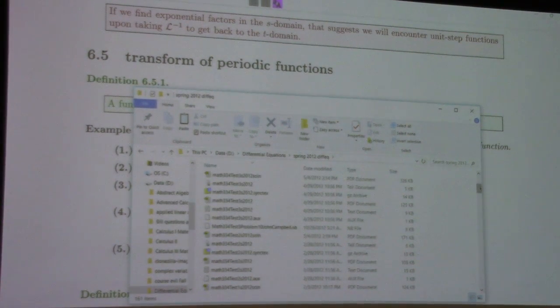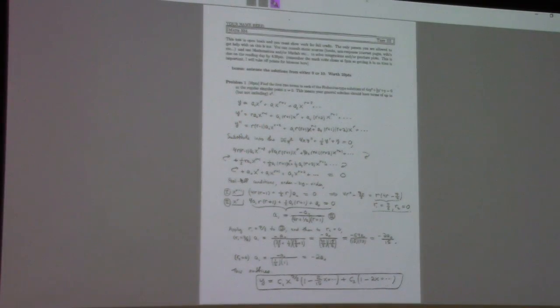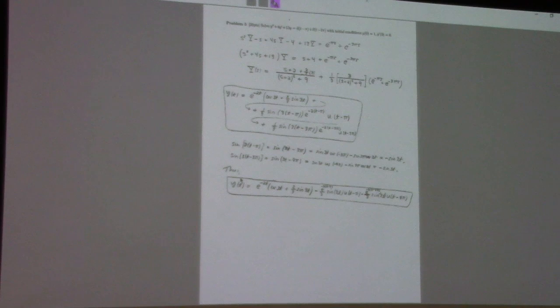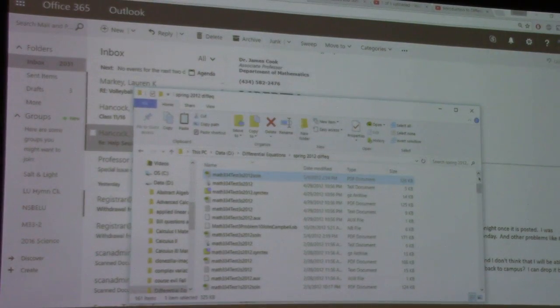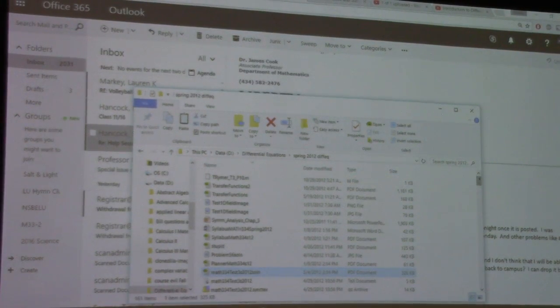I'll have one in there. Maybe not. Worthless. Do you guys see test 2 solution? I'm looking at it, I just don't see it yet.